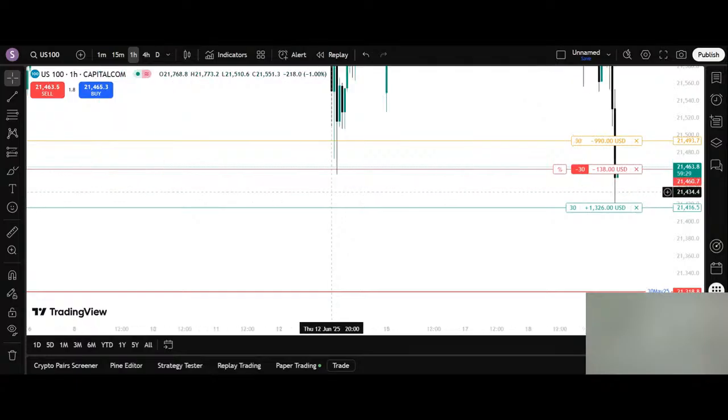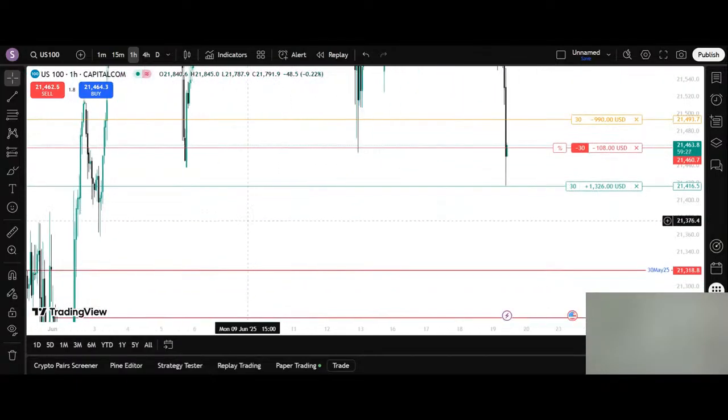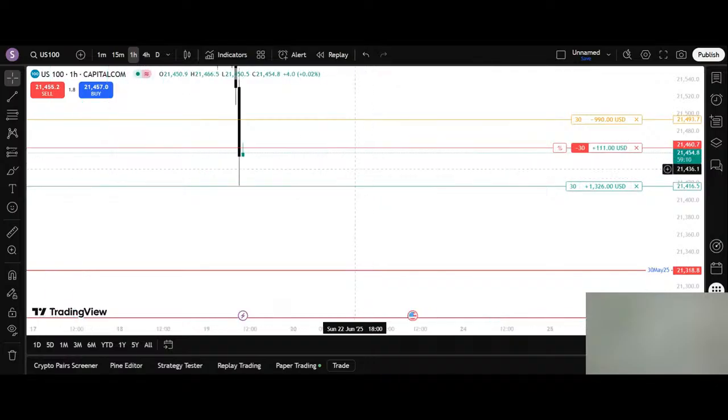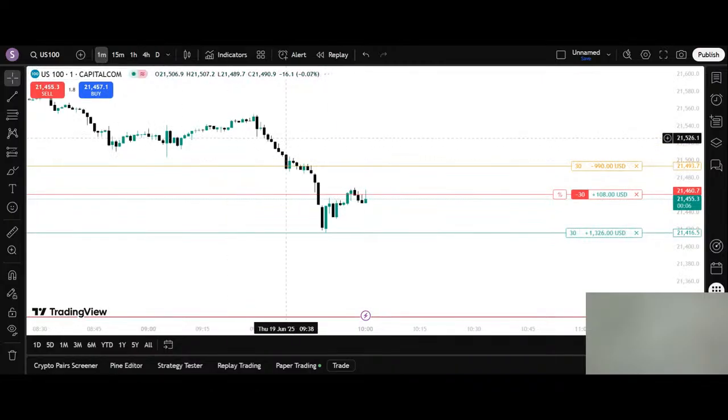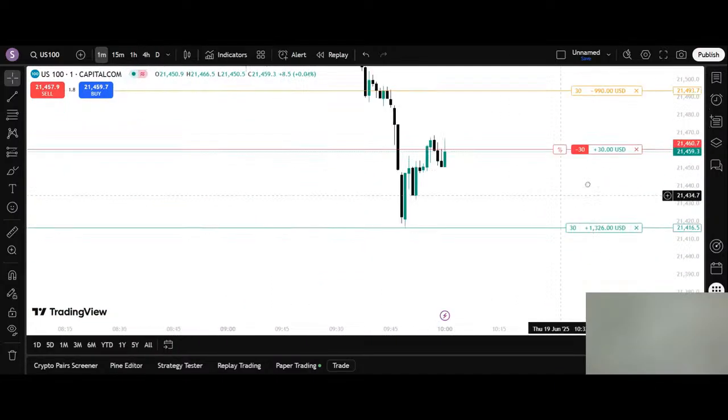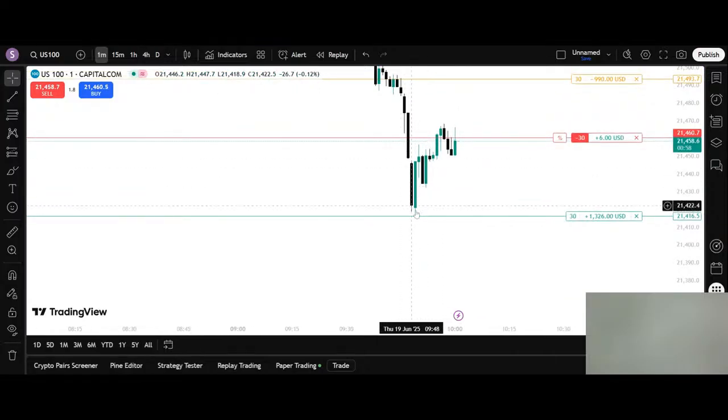If you look at the 1 hour, this could be its next target at 21,357. But I think it has to take another dip down below this low, which is my TP, because price doesn't just sweep the liquidity and run up all in one candle.